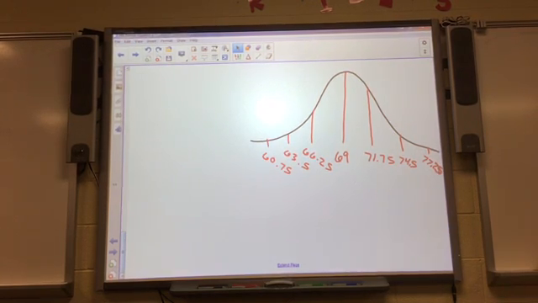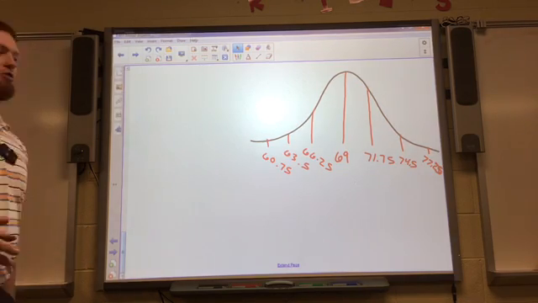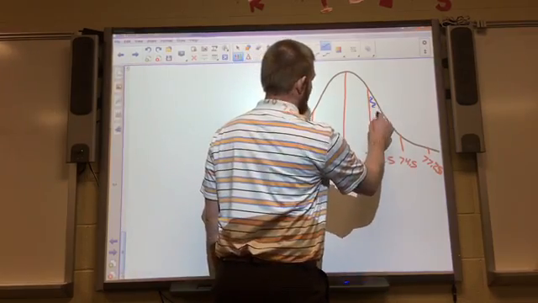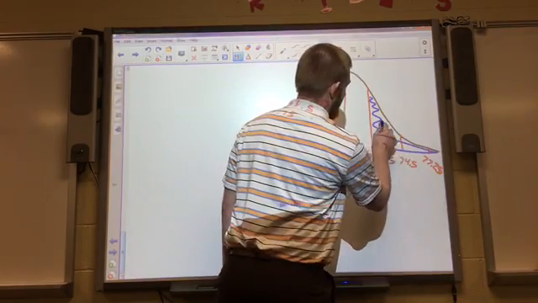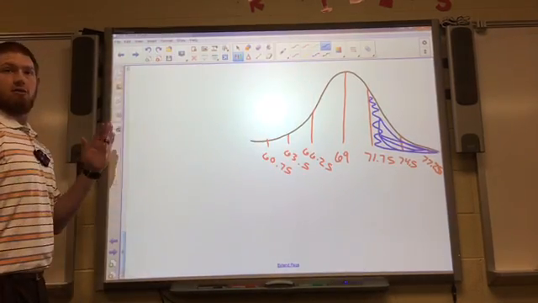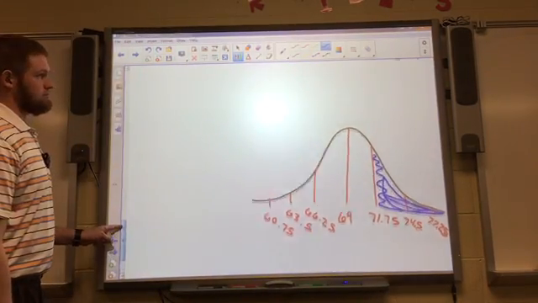Now it says, if you randomly chose 3 adult men, what is the probability that all 3 are 71.75 inches or taller? So first of all, if I chose 1, what is the probability that he would fall in here? Right? 71.75 or taller.